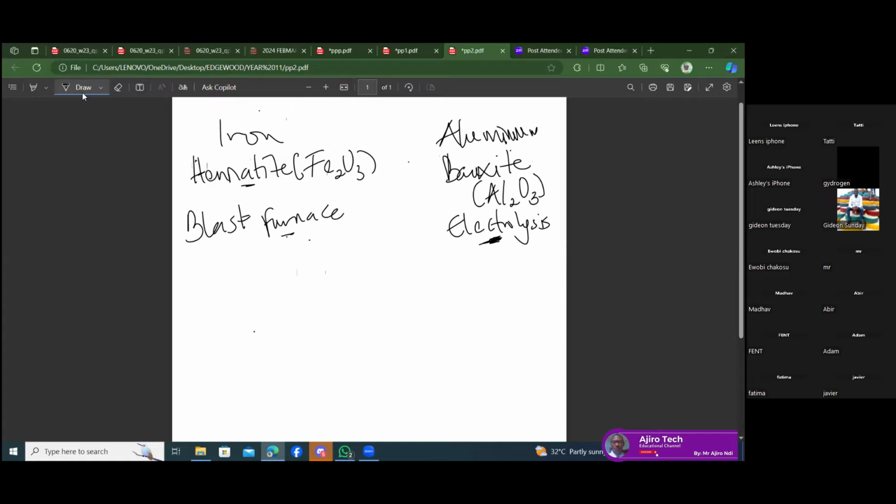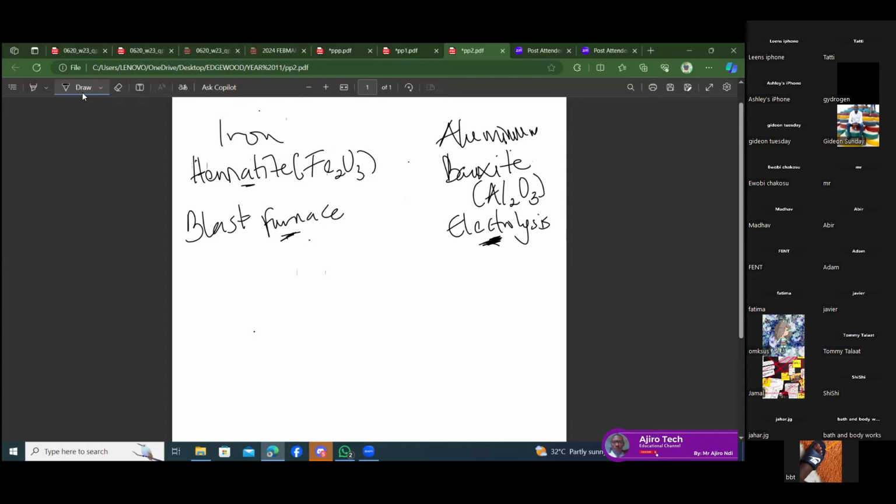But in the case of aluminium, aluminium is way higher on the reactivity series than carbon, which is more reactive than carbon. And that is why we cannot use the blast furnace to extract aluminium. This is a common question in IGCSE chemistry. Why can't aluminium be extracted using the blast furnace? Simply because aluminium is more reactive than carbon. So carbon cannot reduce aluminium.